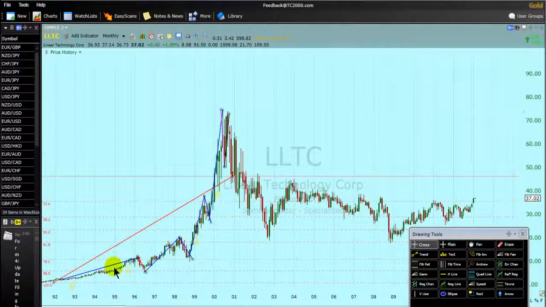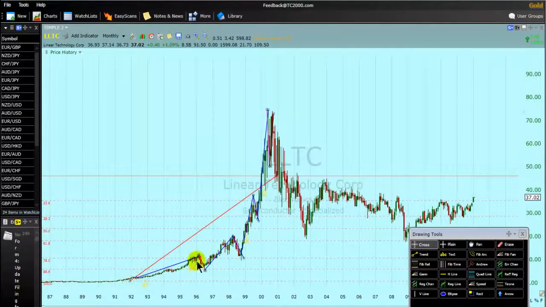So that's it. First wave from here to here, second wave from here to here, and the third wave from here all the way up here has been extended big time because of the bullish sentiment relating to the tech stocks, talking about the tech bubble. It's normal during the bubble period to see the third wave highly extended.